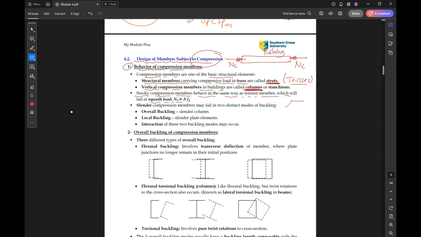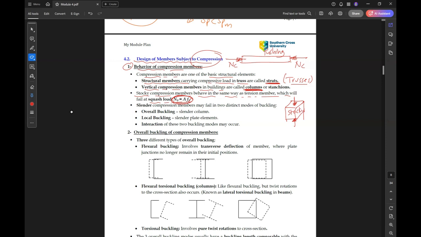So in some cases, if you have a very thick column and we have the compression force, because the column is too thick, it will fail under yielding similar to the tension member. So the maximum force is called the squash load, or N yield, equal to A times F yield. But this is just a special case for stocky columns.